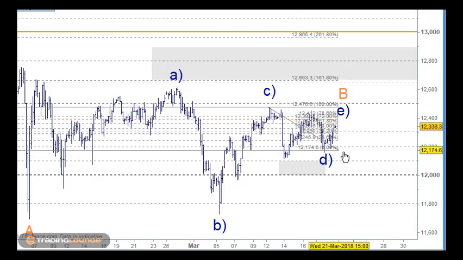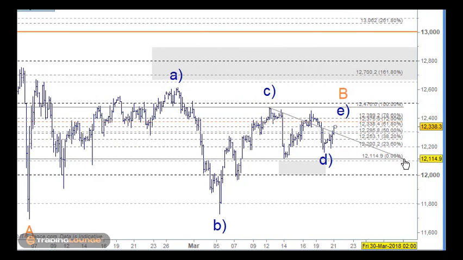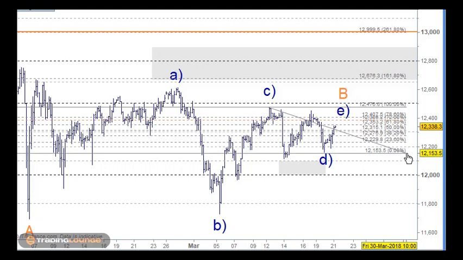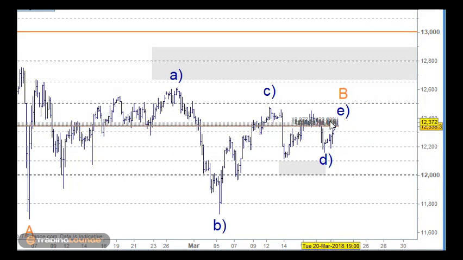So if we take the top of this, really we should take the top of the low of the D here. So pretty much where it is here, we expect it to fail and move down through here as such.